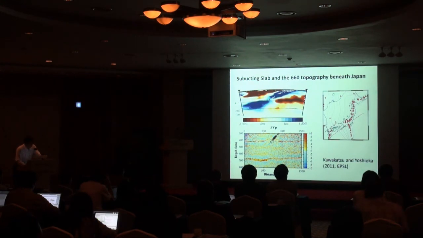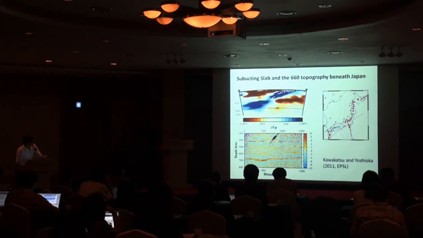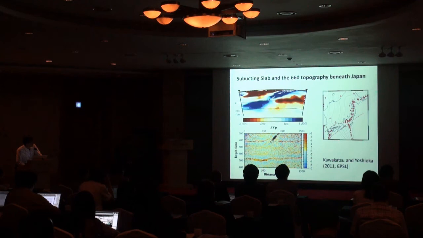And finally, I want to discuss the morphology of the stagnant slabs, and the details are discussed in this Japanese island, together with the 660 topography. And results suggest that we have a very large depression of 660 with an amount of 40 kilometers.